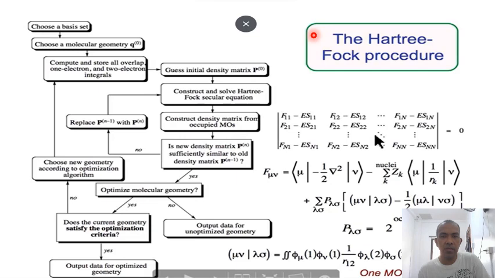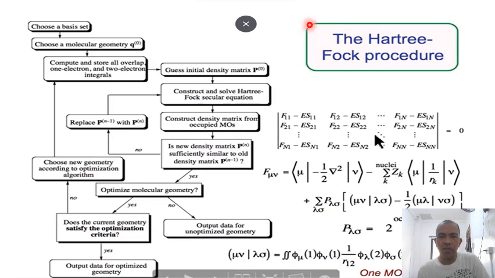There's a determinantal equation whose roots E are extracted, every one of those roots E, giving different molecular orbitals.